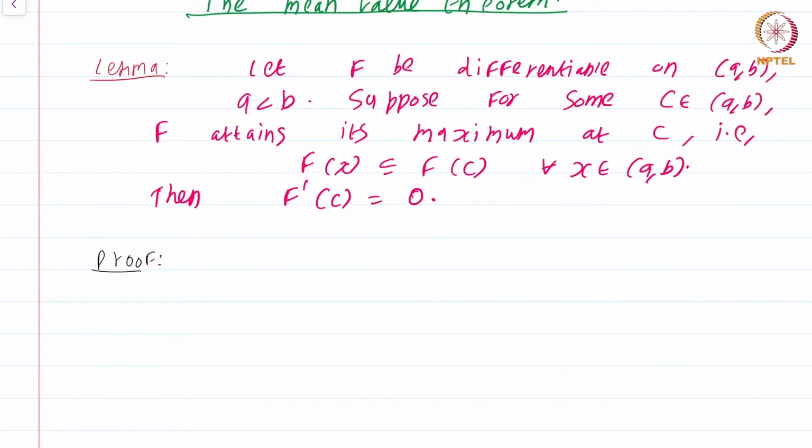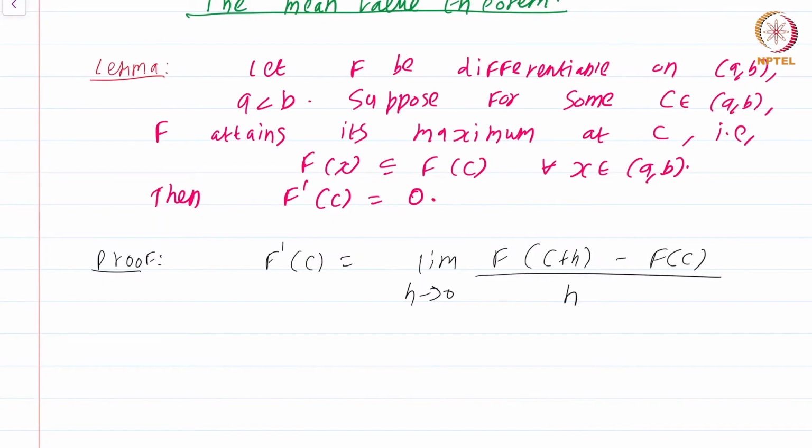So let's take the derivative at c. This f prime of c is nothing but the limit as h goes to 0 of f of c plus h minus f of c, divided by h. Now note that the numerator is always going to be less than or equal to 0, because the point of maximum is at c.